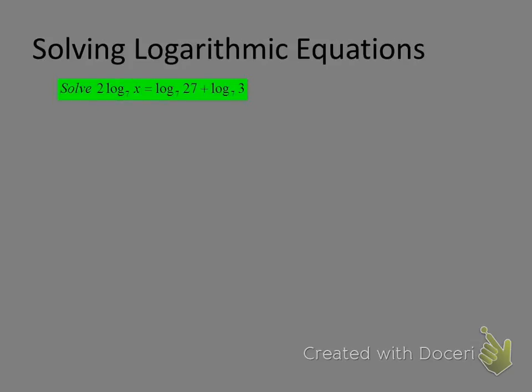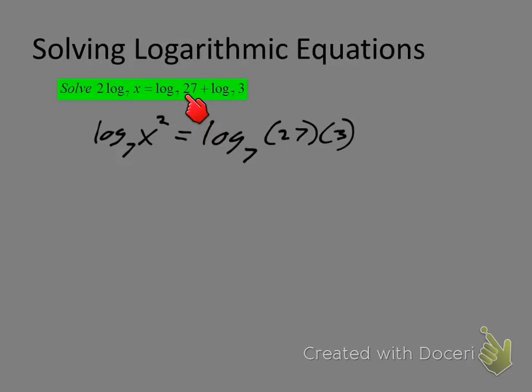So make it log base 7 of x squared equals log base 7 of 27 times 3. Combine these two, this sum with a multiplication, so 27 times 3 here.